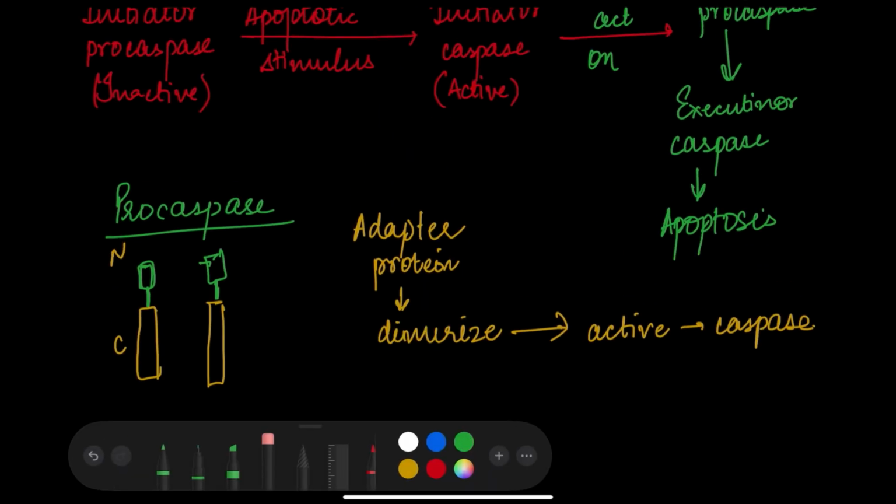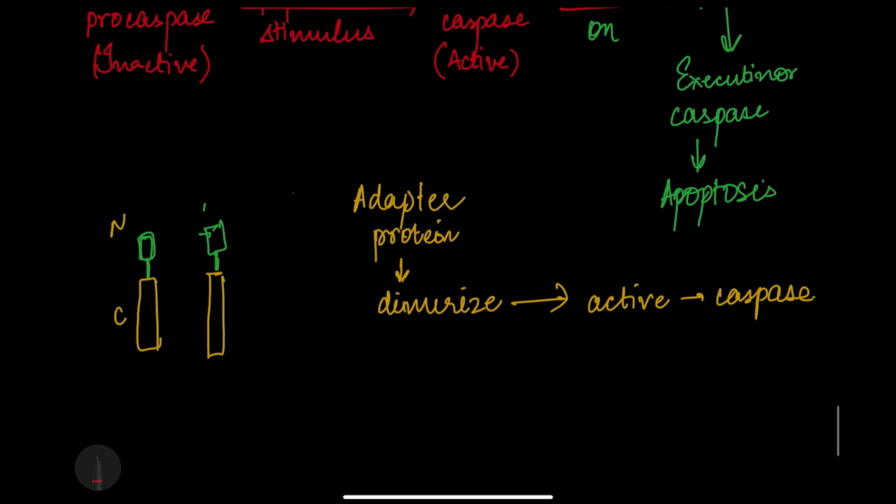Assume this is your adapter protein. This dimerizes it, that is, it brings two units together. The N terminal is also referred to as the adapter binding site or the adapter binding domain. And when we look at the C terminal, it has a cleavage site, right?